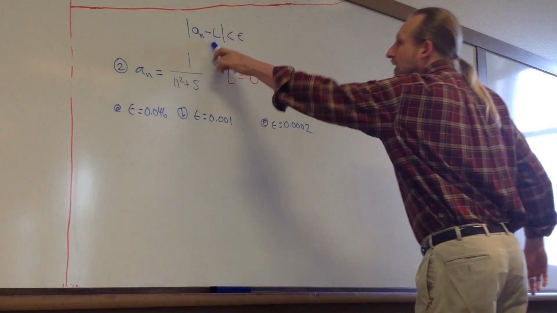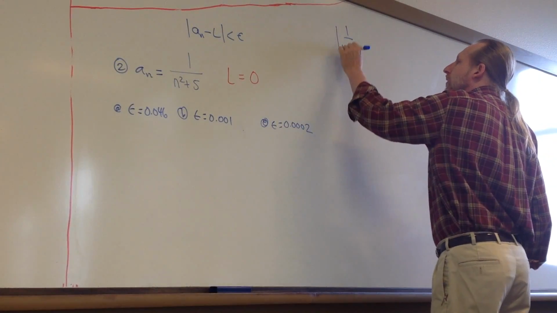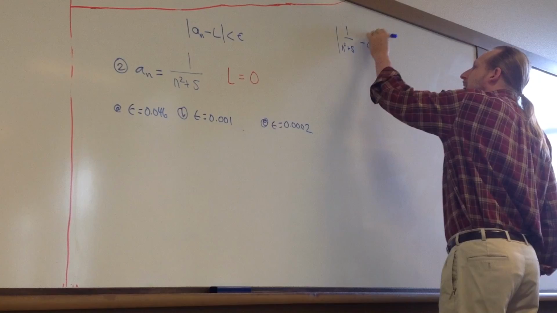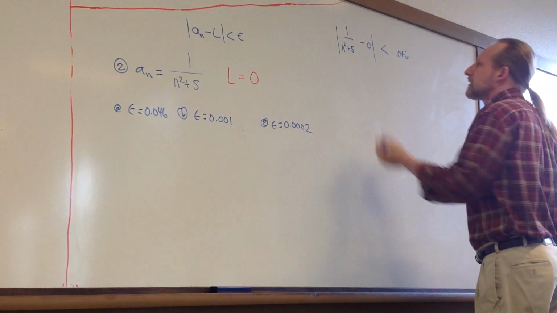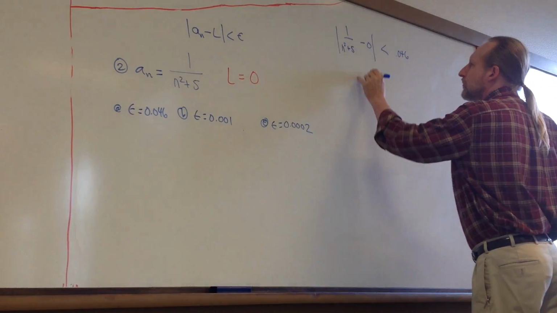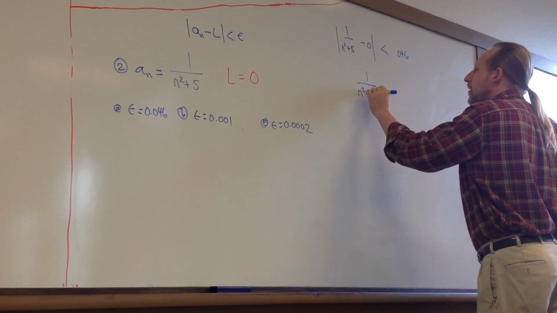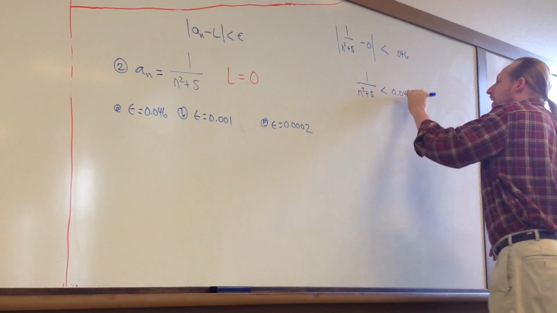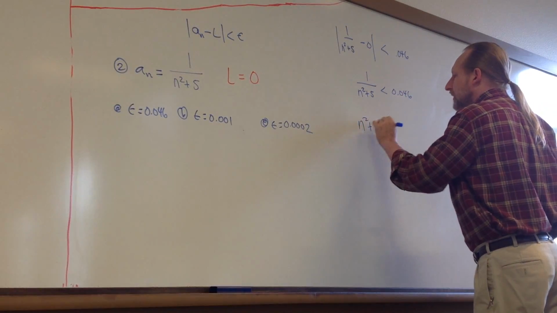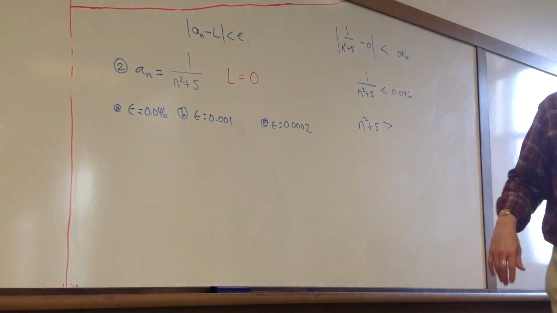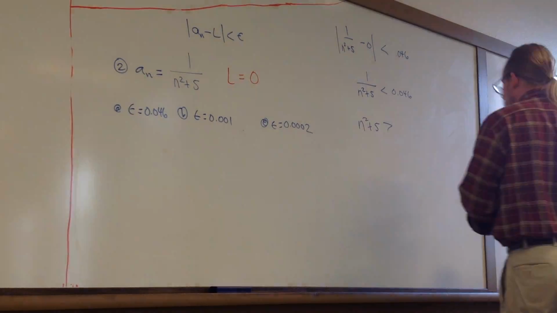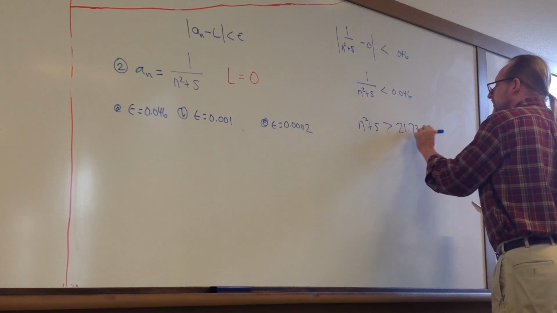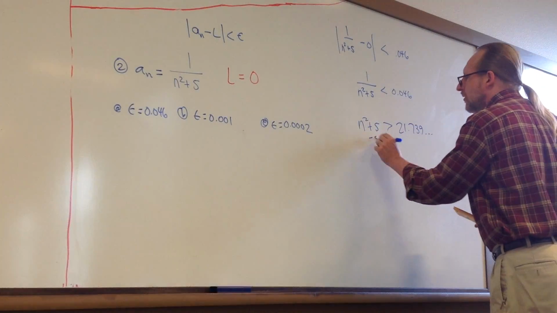So we'll set up this expression again. 1 over n squared plus 5 minus 0. Our first epsilon, 0.046. This is positive. We don't have to worry about the absolute value. And now let's take reciprocals. n squared plus 5 greater than the reciprocal of 0.046, 21.739 or so.